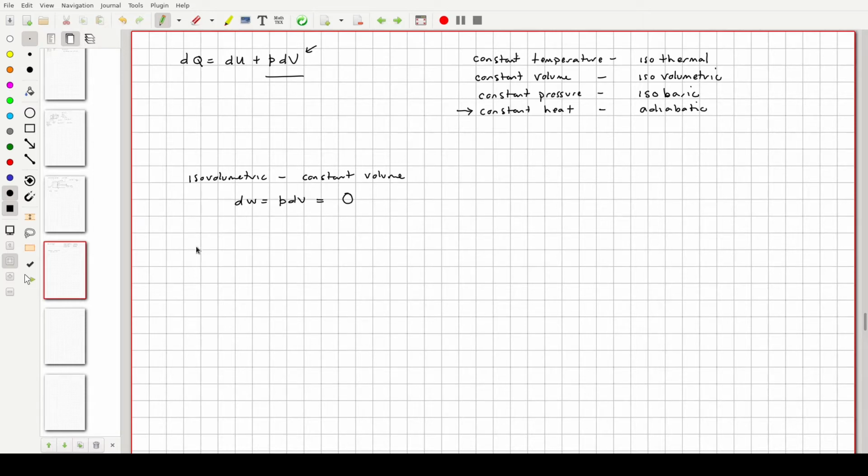Now, an easier case to begin with, other than the isovolumetric one, would be the isobaric one. So, in an isobaric situation, you have a constant pressure. Now, if I look at my work equation again, P times dV, P is constant, it doesn't change, which means that the only variable that I have on the right-hand side is the volume. So if I ask the question, how much work is being done taking this thing from one volume to another volume, if I integrate both sides?